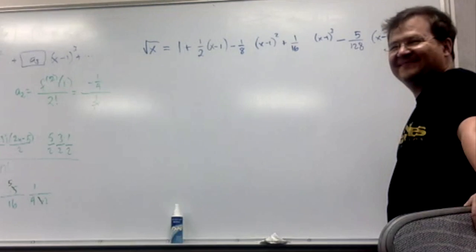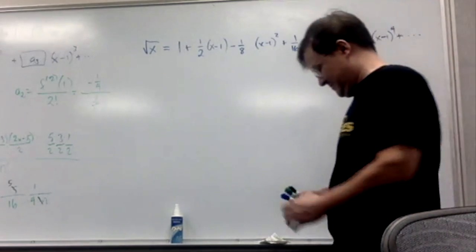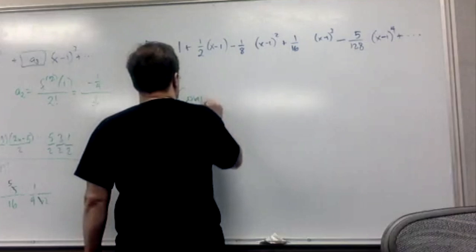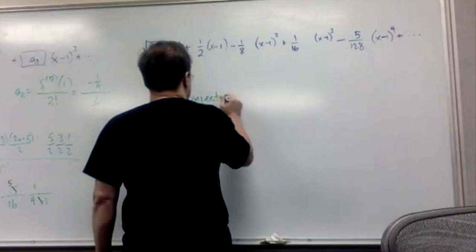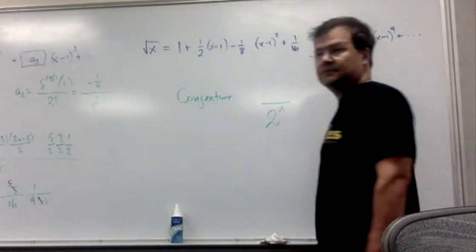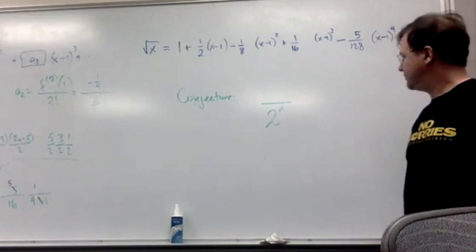You know what I'm saying. So if you have 2 to the n times n factorial, that's the denominator, the top. After you get past the, you get to the 5th or whatever. Yeah, times n factorial.